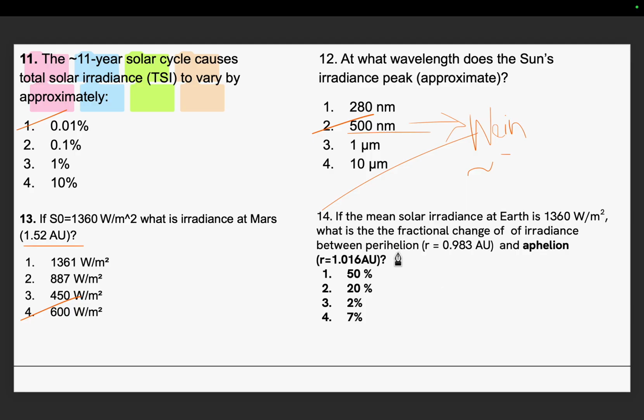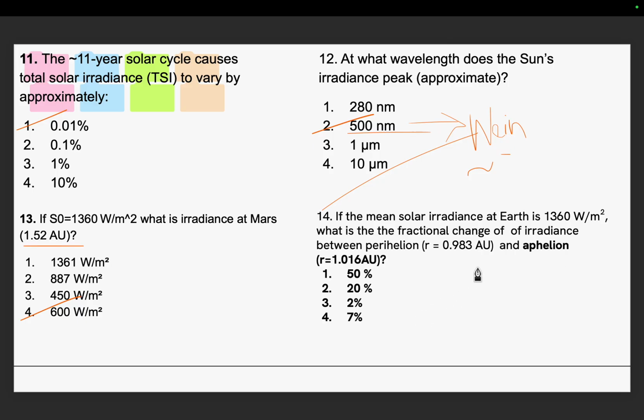Perihelion is the minimum distance between the Sun and Earth, and aphelion is the maximum distance between Earth and Sun in the orbit.